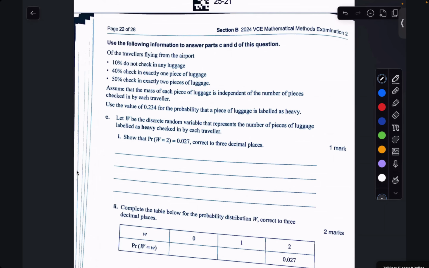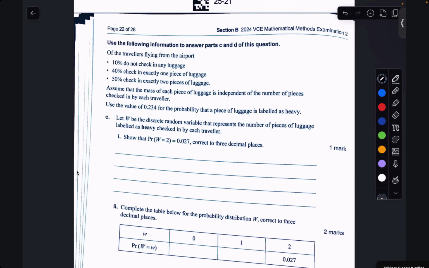Okay. Use the value of 0.234 for the probability that a piece of luggage is labelled as heavy. Let W be the discrete random variable that represents the number of pieces of luggage labelled as heavy checked in by each traveller. Show that the probability that W is equal to 2 is 0.027.